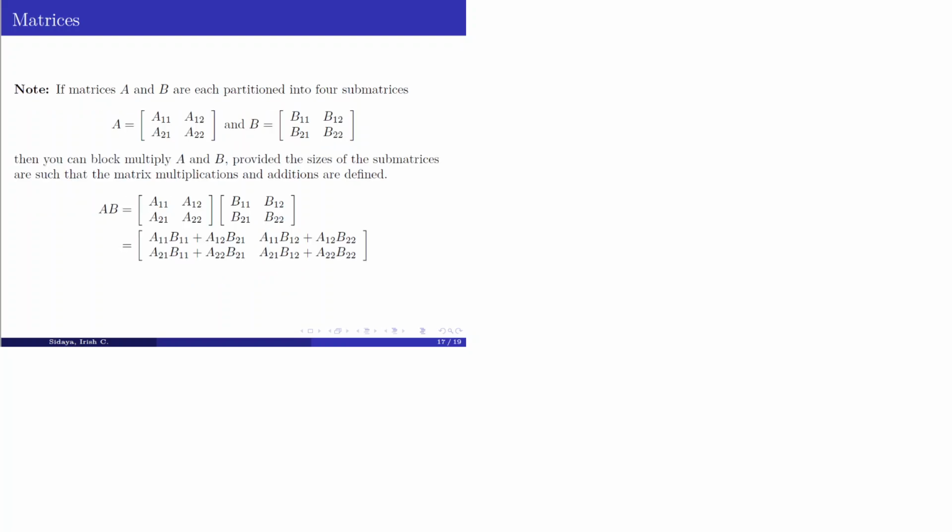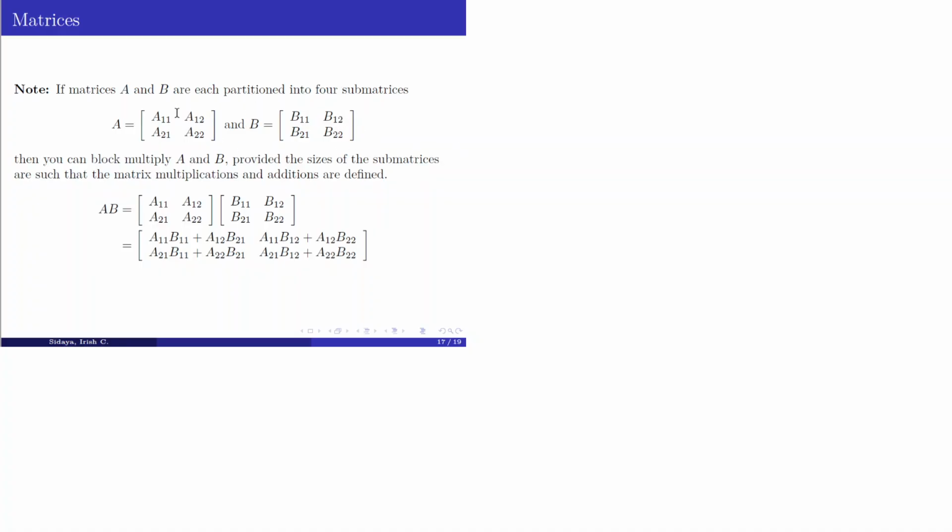Now next, in multiplying large matrices, sometimes it is helpful to partition the matrices into sub-matrices. For example, say we have matrices A and B partitioned into these 4 sub-matrices.